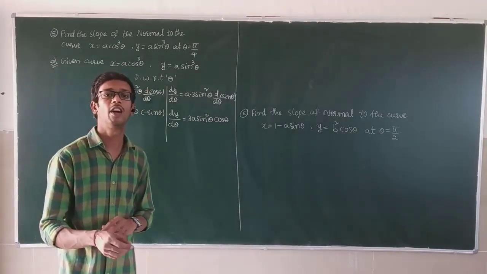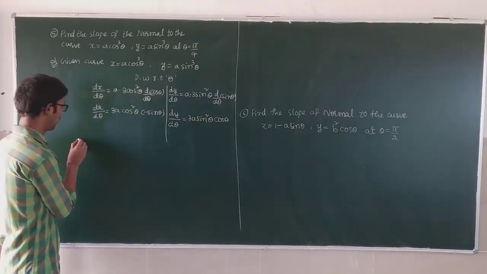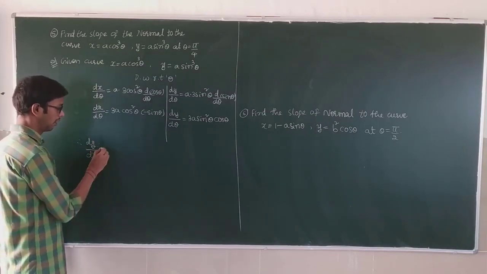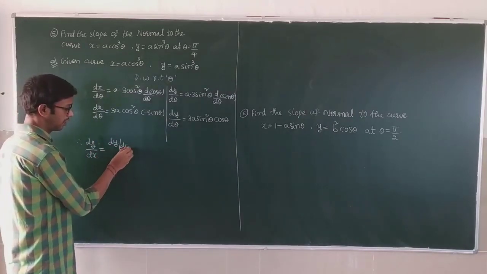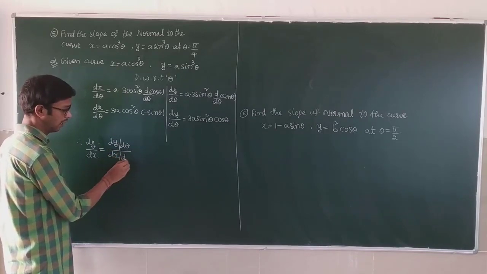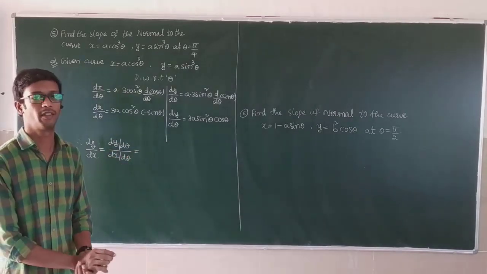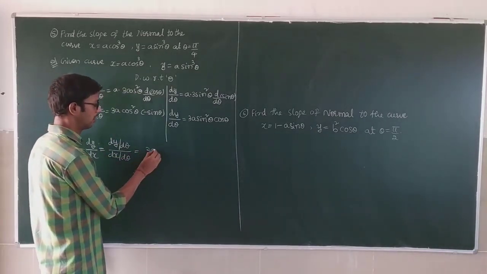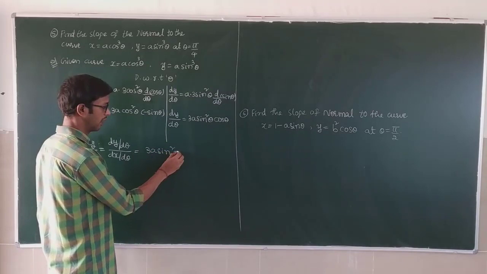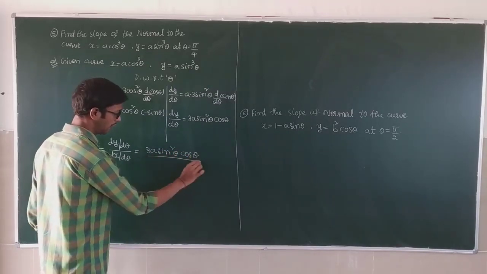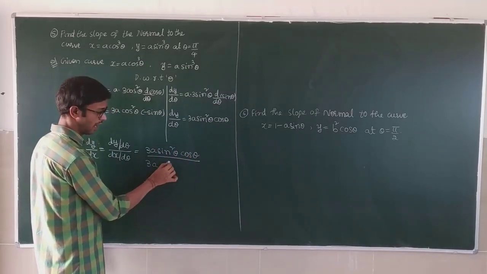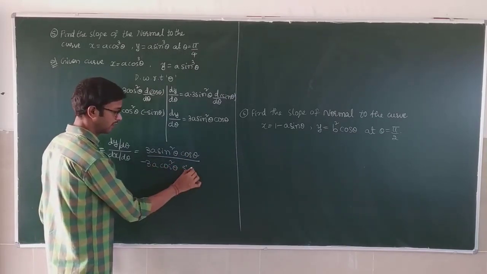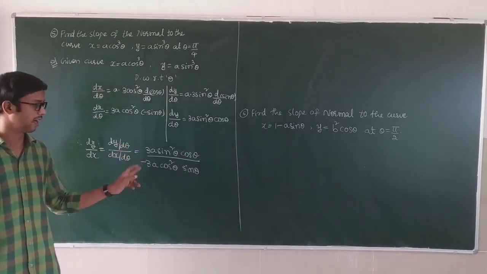What we need is dy by dx. Therefore, dy by dx is equal to dy by d theta divided by dx by d theta, since it is parametric form. That is 3a sin square theta cos theta divided by 3a cos square theta into minus sin theta.